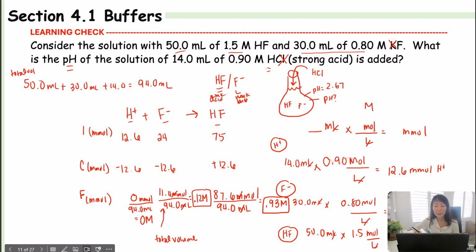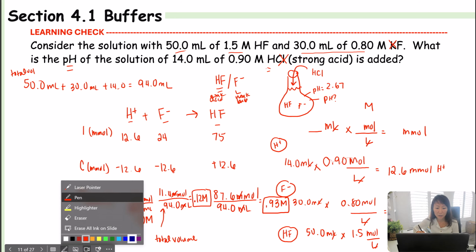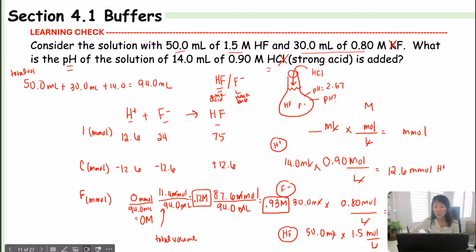So how do we get the pH of all this? Remember the Henderson-Hasselbalch equation. I'm going to put that in the corner in a different color so we can distinguish. The Henderson-Hasselbalch equation is pH equals pKa, which is negative log of Ka, plus the log of the conjugate base over acid.